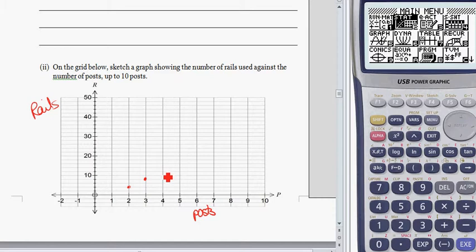The next one would be 12, 16, 20, 24, 28, 32, 36. Now we don't join. It's a practical pattern. And for a practical pattern, we don't join the dots.